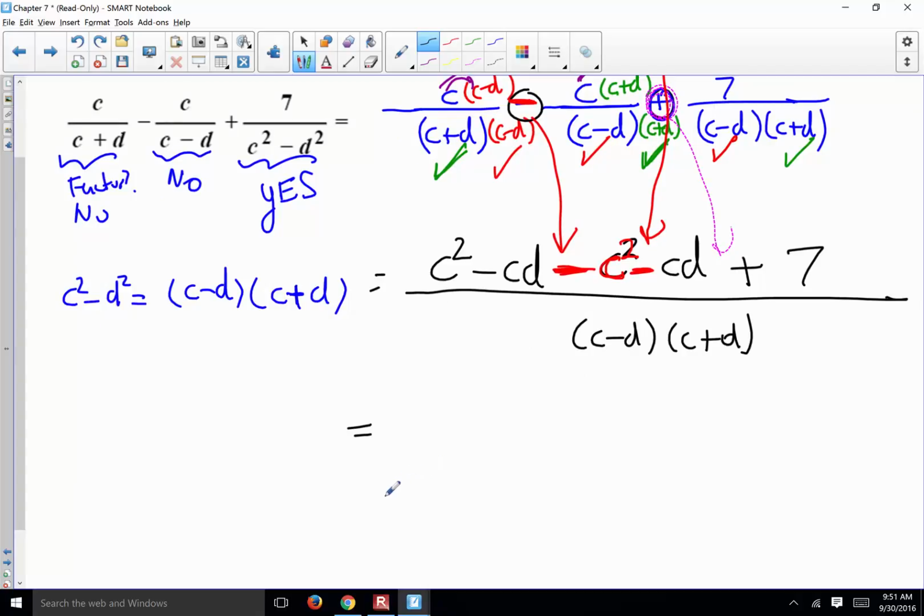Alright, next we combine like terms. And what is like here? Oh, I have a c squared minus c squared. Aren't they the same with opposite signs? So what happens to them? They cancel. Opposite sign, same items cancel. So I cancel these two. CD, CD, can I cancel them?